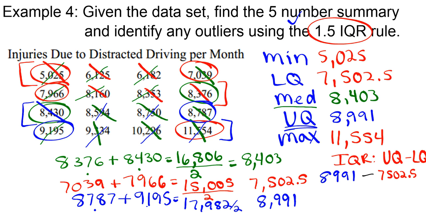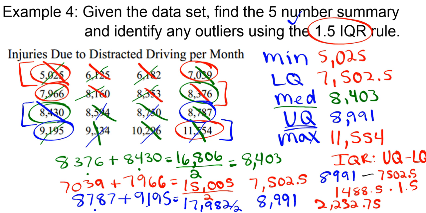I times that number by 1.5. Don't forget that step. It's the most commonly forgotten step. And that is going to give me 2,232.75.